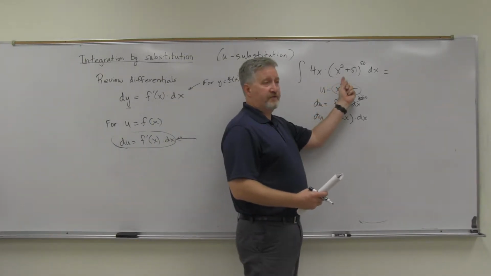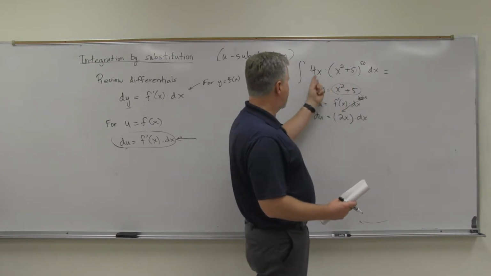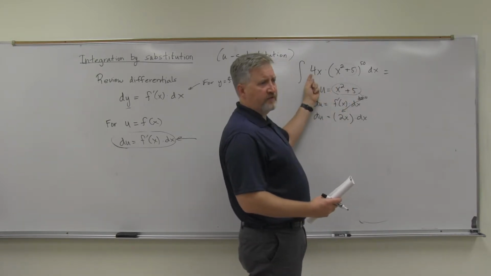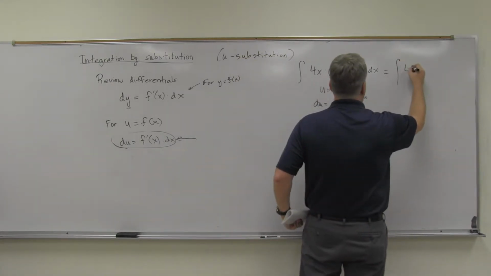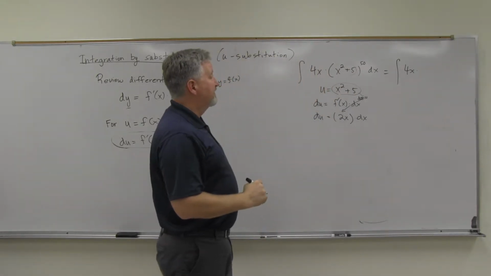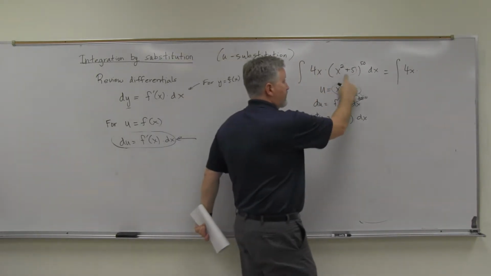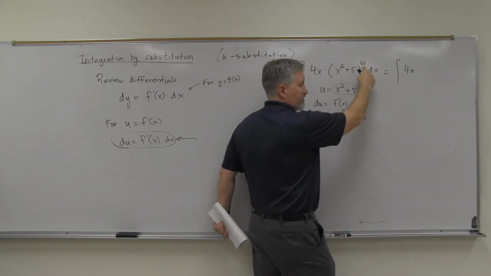This is what I substituted u for, right? Or what I'm going to call u. And so I didn't really do anything with the 4x, so let's just leave that for a moment as 4x. It's actually going to work out nicely here in just a second. This is what I called u, so instead of (x squared plus 5) to the 50th, that's going to be u to the 50th.